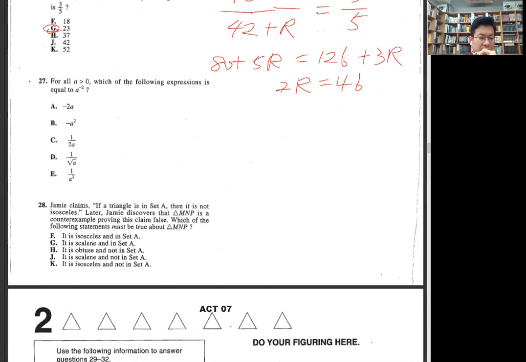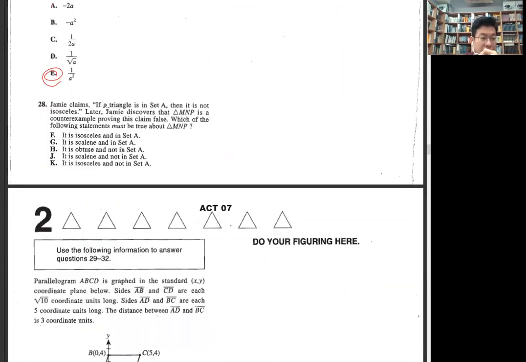Which of the following expressions is equal to this one? This is the obvious one. If you're not sure, you just plug in a number for a or 2. If the triangle is not isosceles, what must be true?